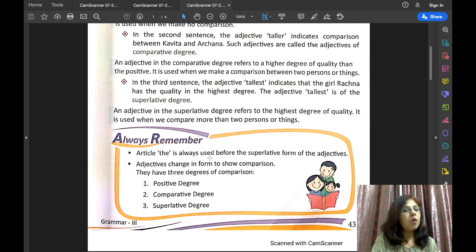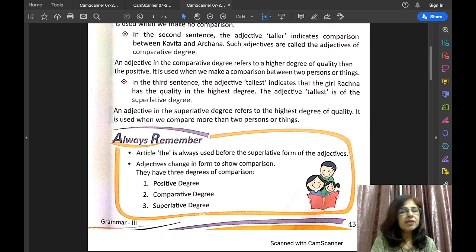Article the is always used before the superlative form of adjectives. Adjectives change in form to show comparison. They have 3 degrees of comparison: positive degree, comparative degree and superlative degree, and before superlative degree we use the article.